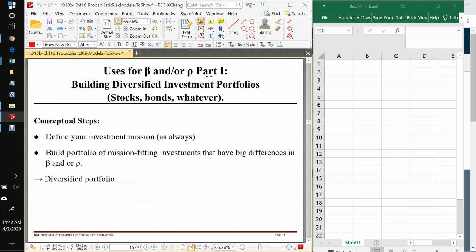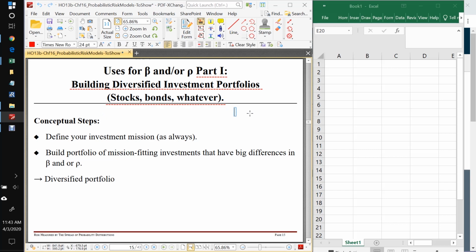So now that we know about beta and rho, what they do, how they work, let's see how to use them. These are used by investors and asset managers. They're used all over the place in finance for two main reasons. One is to help build diversified portfolios.